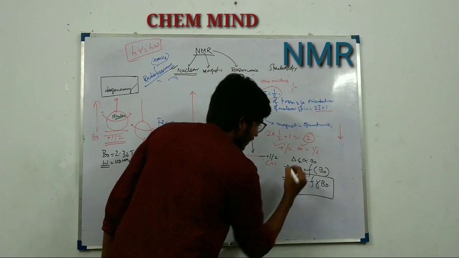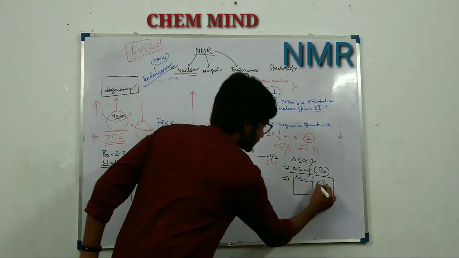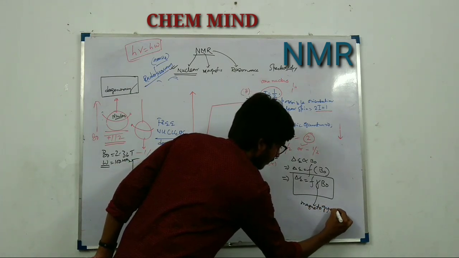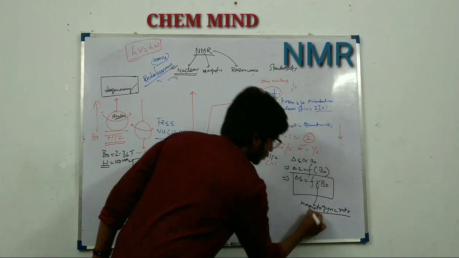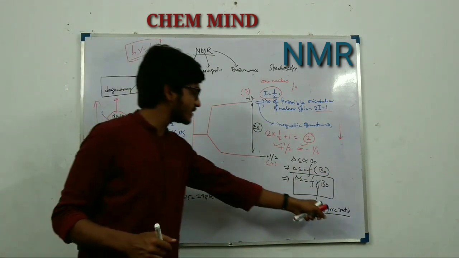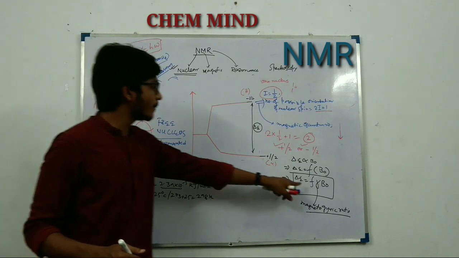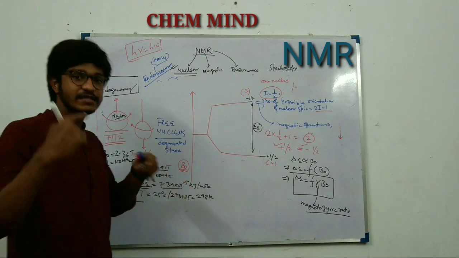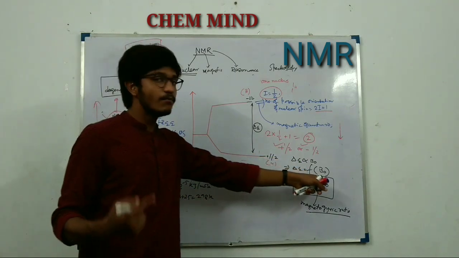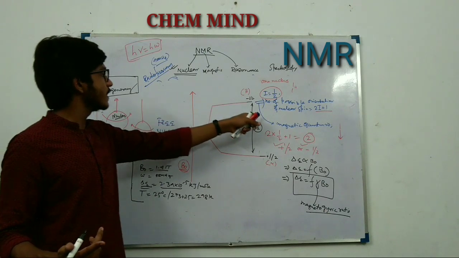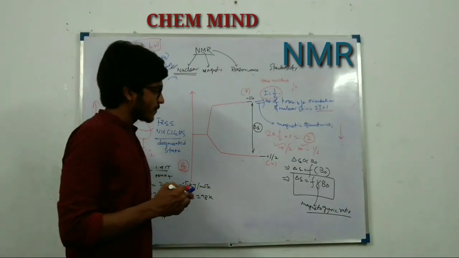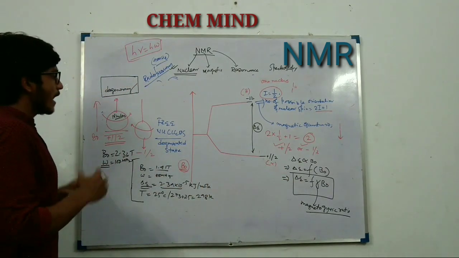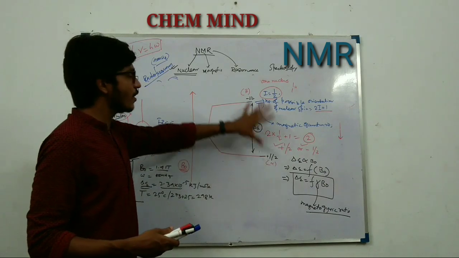This ratio is very important, and gamma is known as the magnetogyric ratio. This magnetogyric ratio depends on the energy difference and the external magnetic field, and is the ratio between the magnetic moment and the dipole moment.